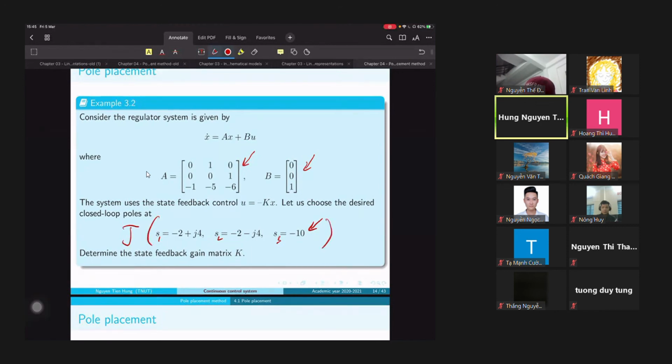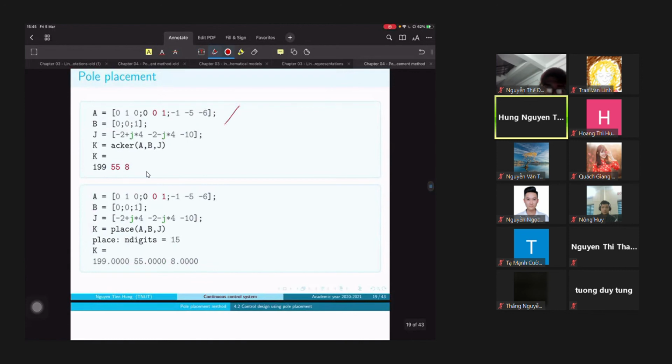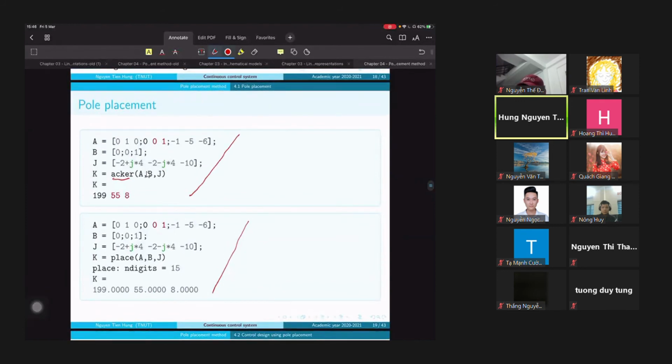So you can declare A, B, Z in this form, and you can find the solution of K by using acker or using place. They look quite similar, but one has no decimal point number, and here you see the solution has a decimal point for specific K. Now practice a little bit.